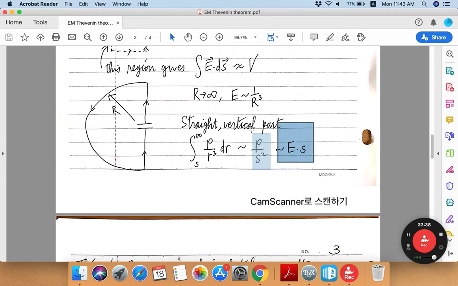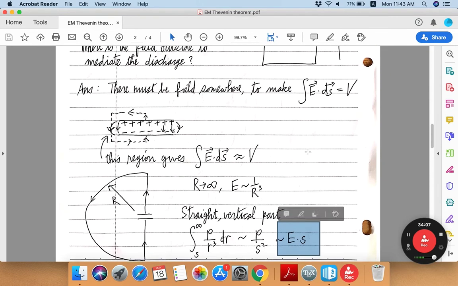Now, here I have given an extremely hand-waving argument, but I think you can prove that actually the dipole moment of a parallel plate capacitor is in fact some charge density multiplied by s to the third power. That would be my guess. And therefore, the overall result for the line integral is this thing, which again equals the voltage.